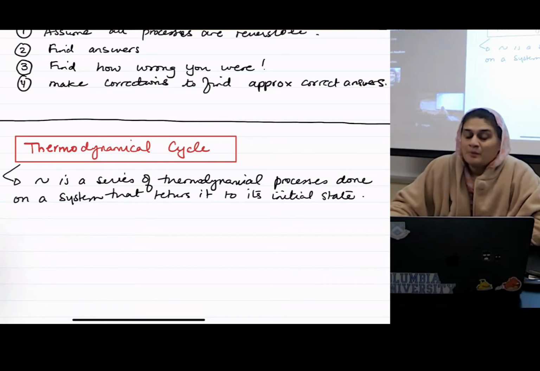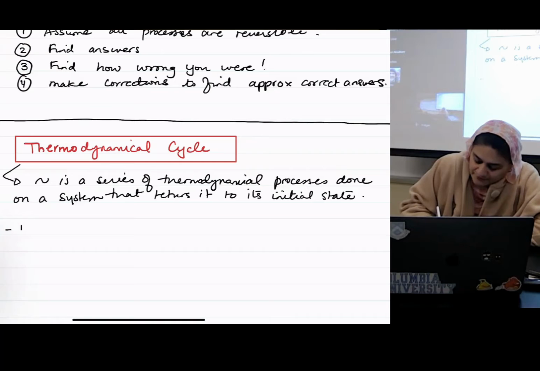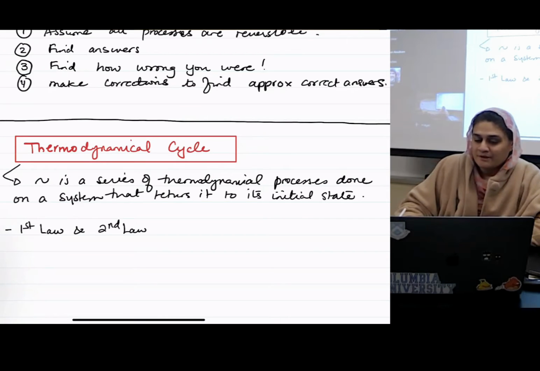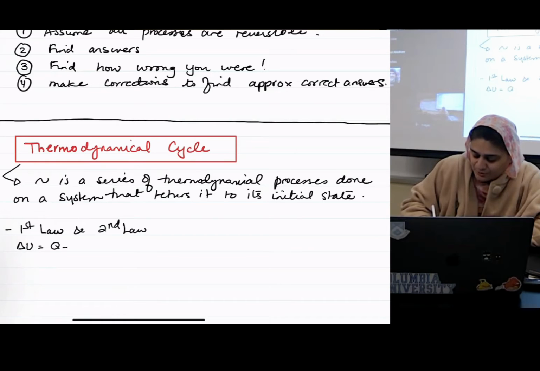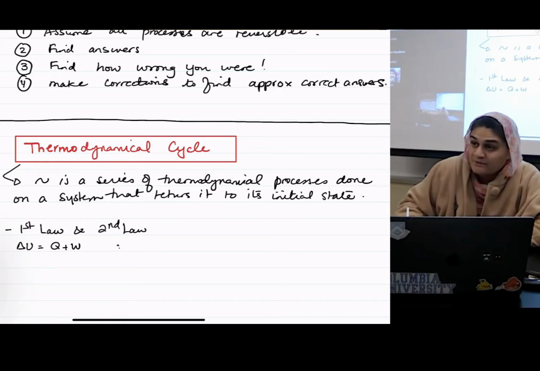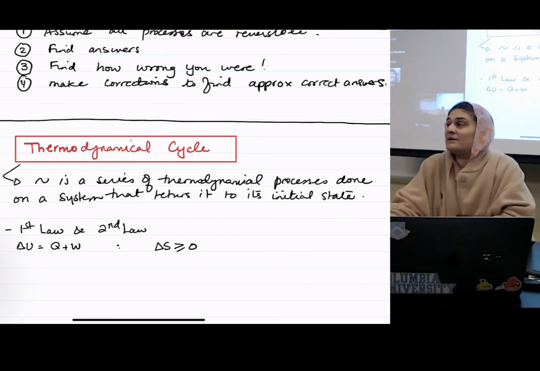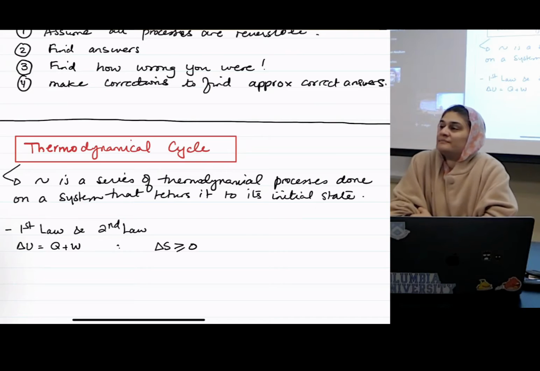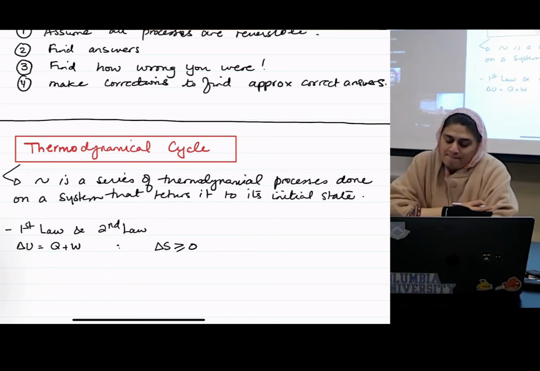Okay, we will be using the first law and the second law. What do we know from the first law? Delta U equals Q plus W. And what do we know from the second law? The change in entropy must be positive or equal to 0.